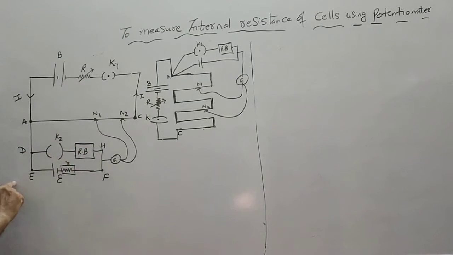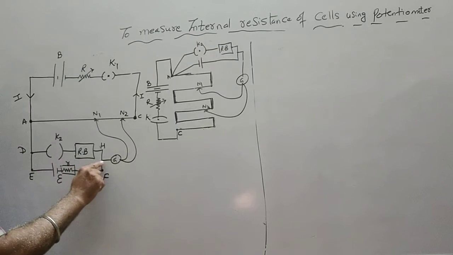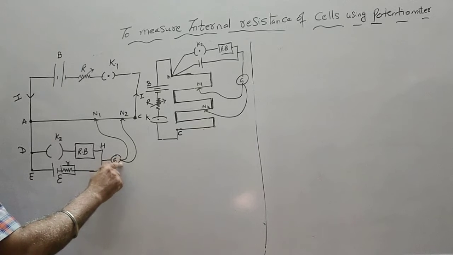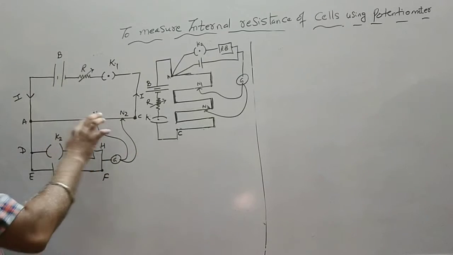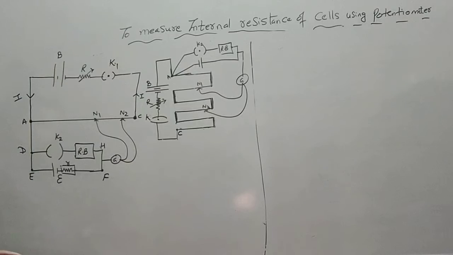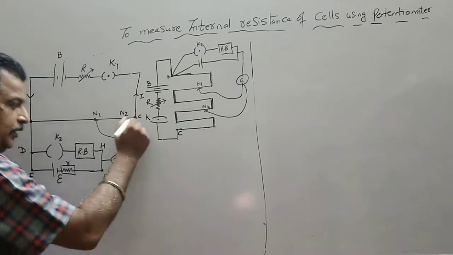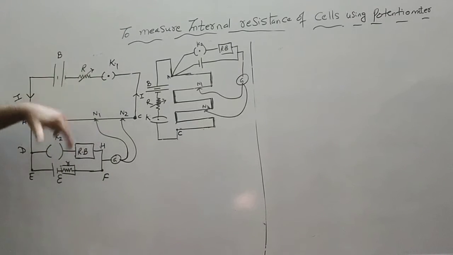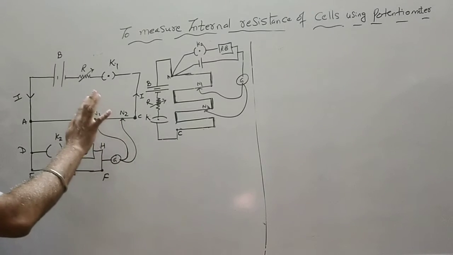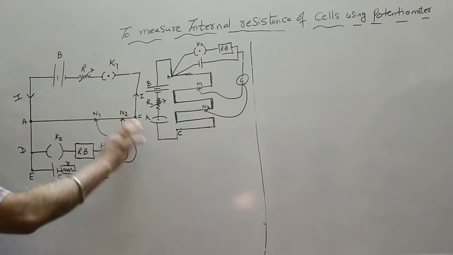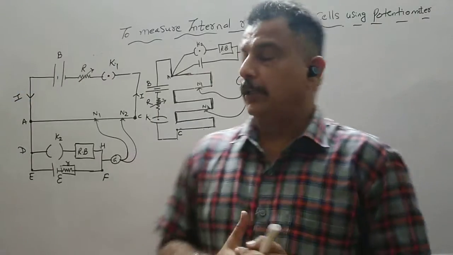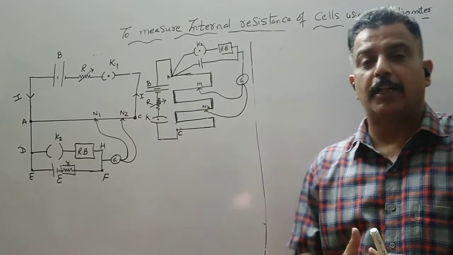A loop is formed, and one end of the loop is connected to one end of the galvanometer and the other end of the galvanometer is connected to the jockeys. There is only one jockey, used one at a time. There are two sets of experiment, so the jockey will always be one jockey, but here we show it by two different wires. Now, how do we measure the internal resistance?